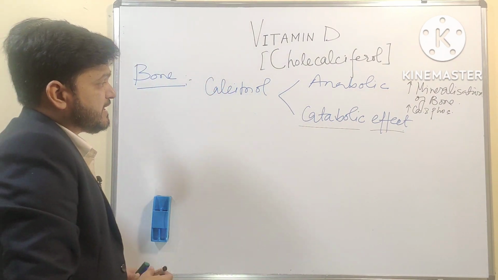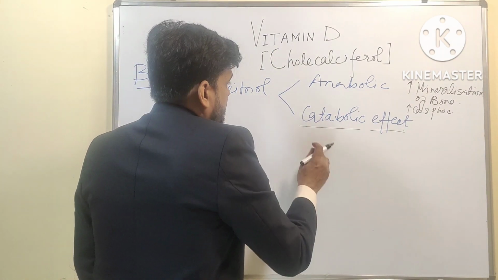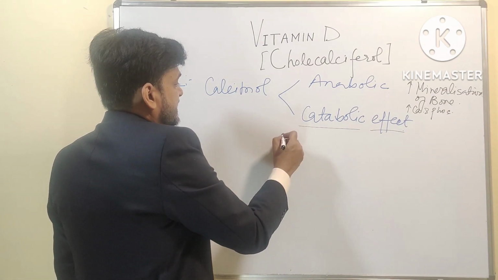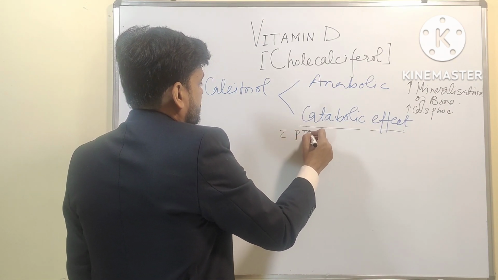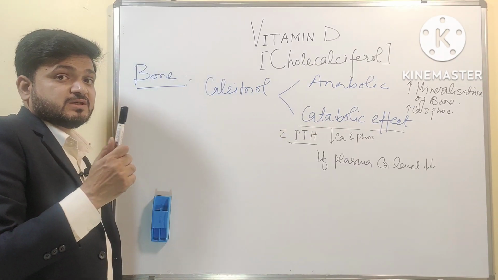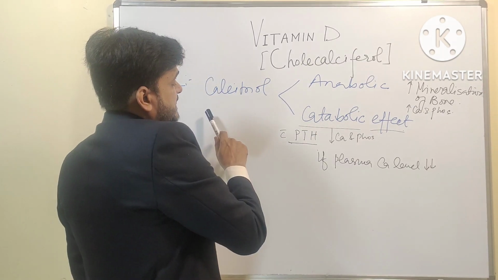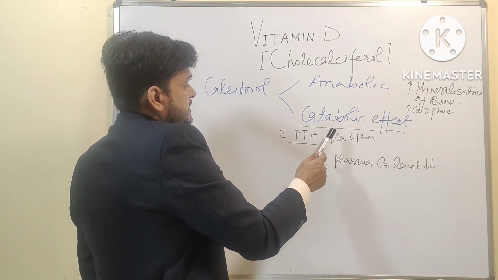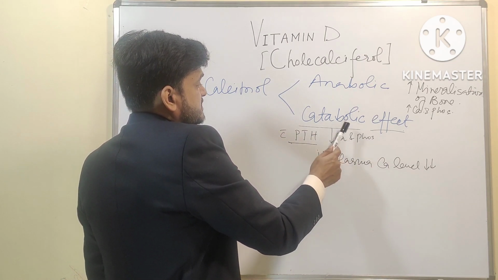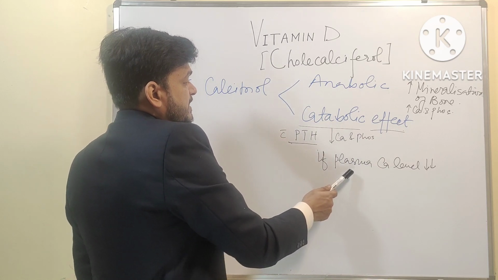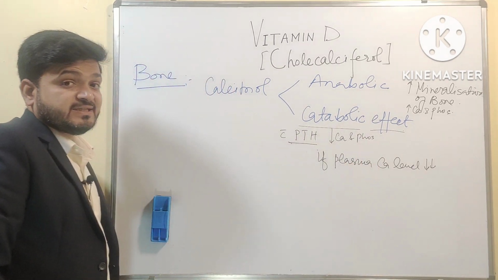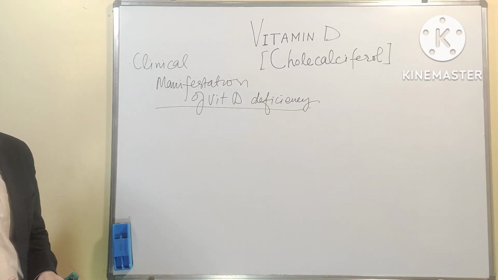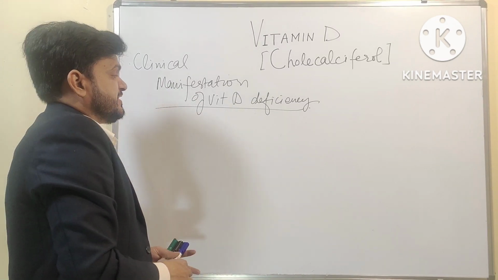On the other hand, the catabolic effect of calcitriol, with the help of parathyroid hormone, is that it mobilizes calcium and phosphorus from the bone if the plasma calcium level decreases, right?